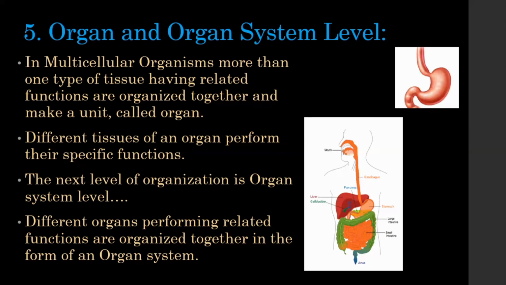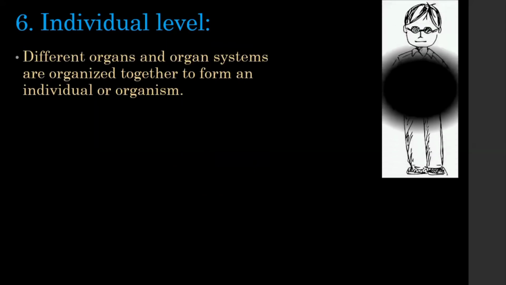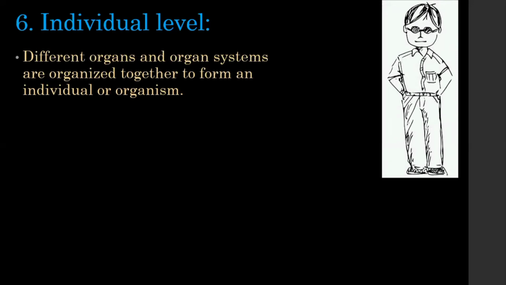So, the sixth level is the individual level. Different organs and organ systems are organized together to form an individual or organism. In an organism, the functions, processes and activities of various organs and organ systems are coordinated.